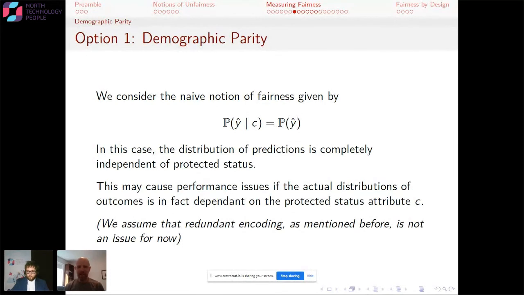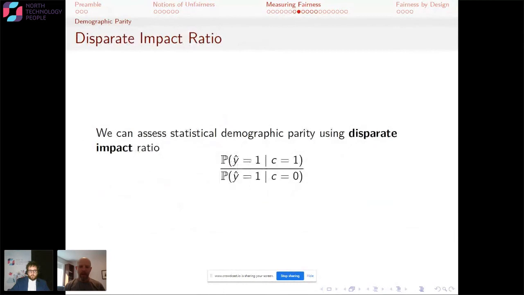For the sake of the discussion, we're going to assume that redundant encoding is not an issue. That is, if we're saying the output is independent of the protected group, race, gender, whatever it is, we're not sneaking in some other information about it. It really is independent of that feature.